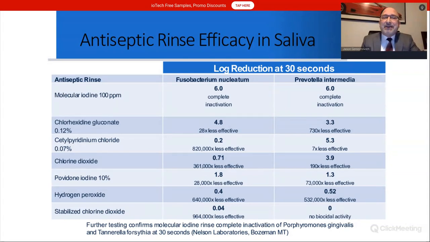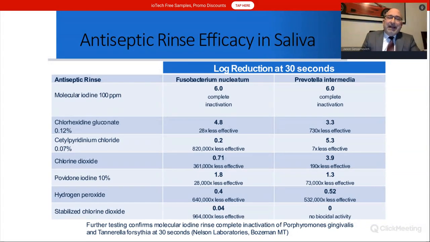Now, this is a test of a product called iRinse Ultra, which is an over-the-counter drug. What's interesting about this is that it is 100 parts per million of molecular iodine. It also has xylitol and glycerin in it, and by the way, it's an FDA OTC over-the-counter drug.